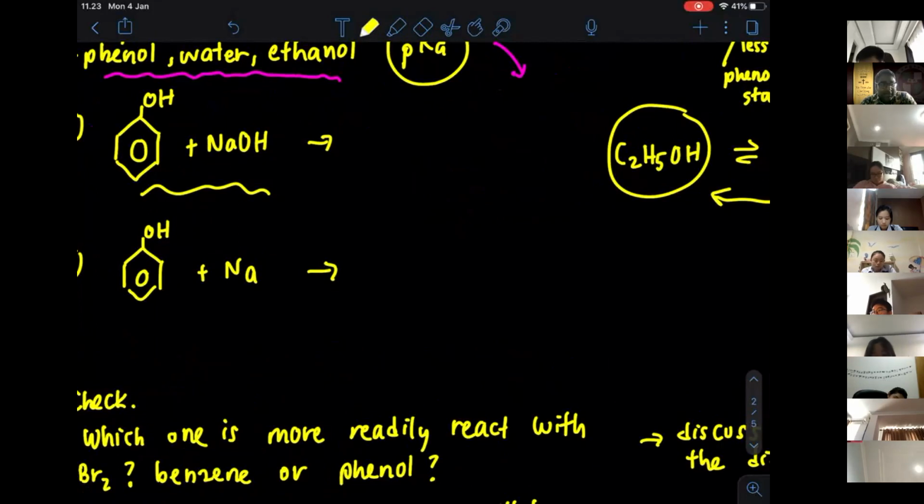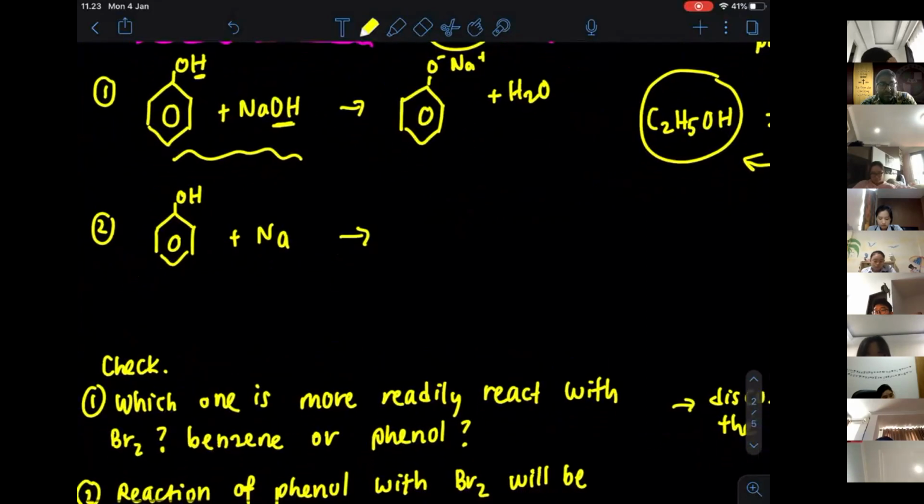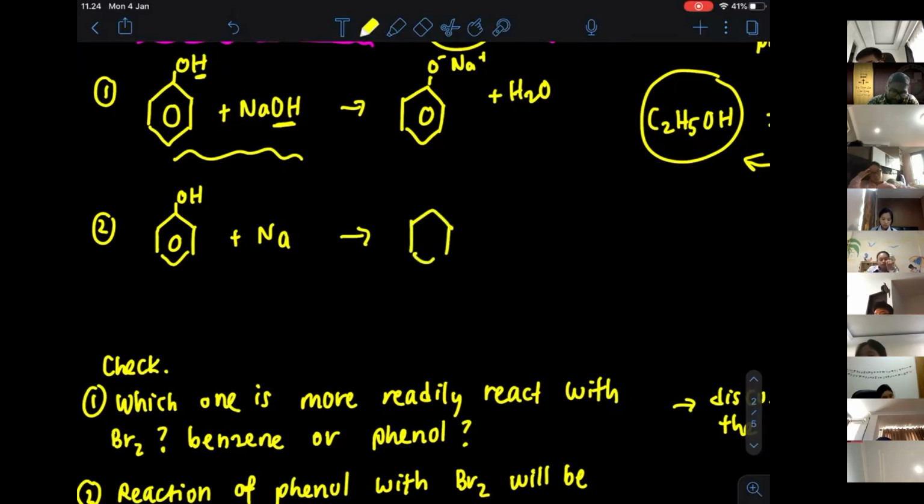So H and OH give H2O, then you have this phenoxide, O minus and Na plus. Do remember phenol also reacts with sodium metal. It will give you sodium phenoxide and hydrogen gas.